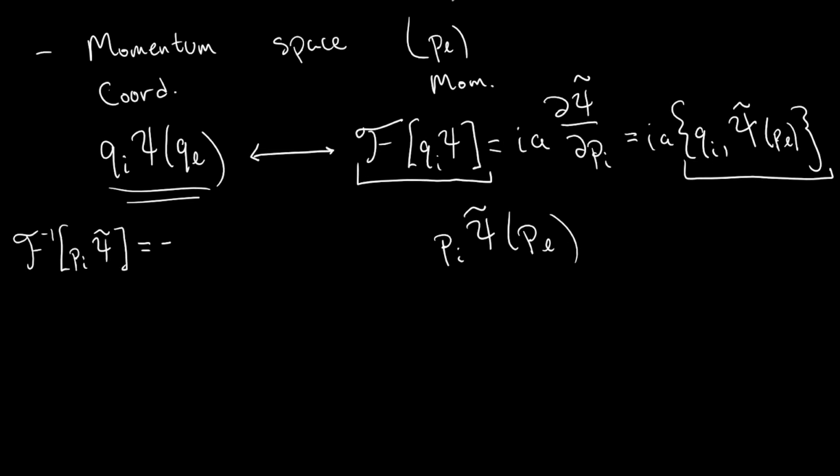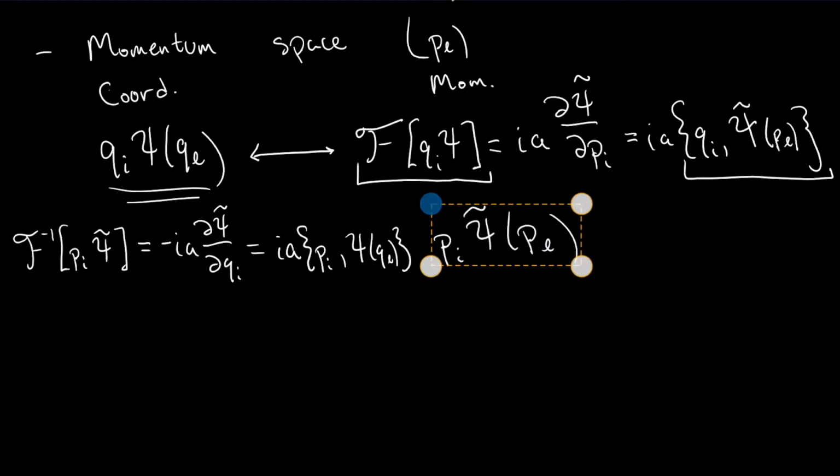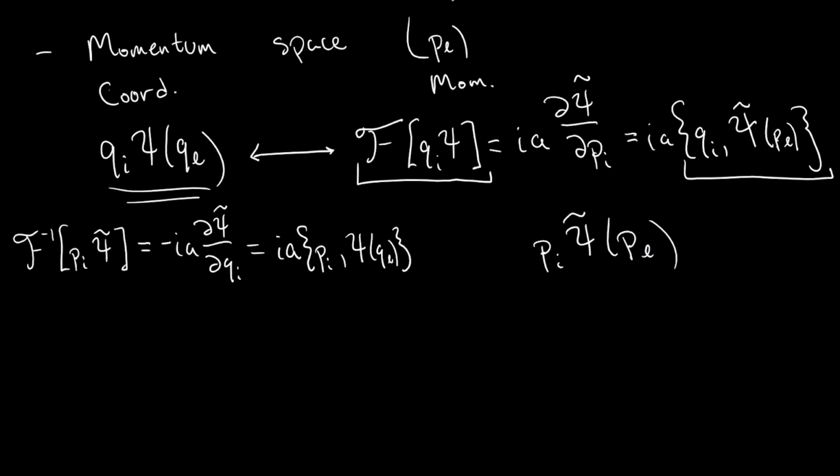And this is minus i A d psi tilde dq i, which is i A times the Poisson bracket of p sub i and psi. Again, just reiterating this identification between Poisson brackets and Fourier transforms that we're making.